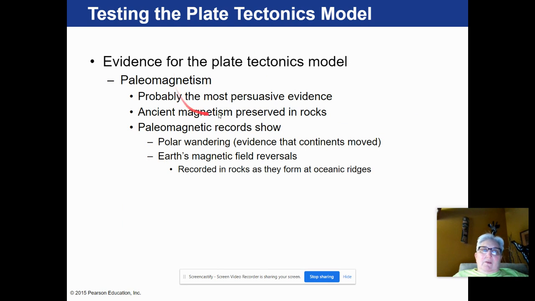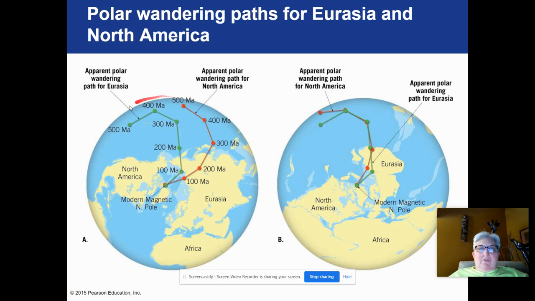And another piece that we use for evidence is what we call paleomagnetism. We know that there is magnetism that has been preserved in rocks, and we can look at the evidence of the movement of those rocks based on their magnetic fields, and that gives us some more information.